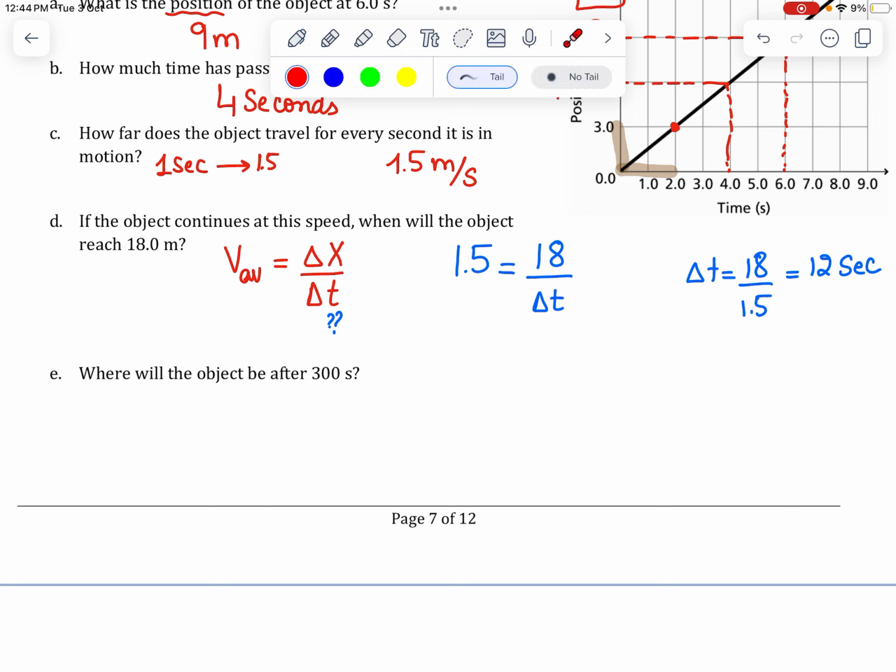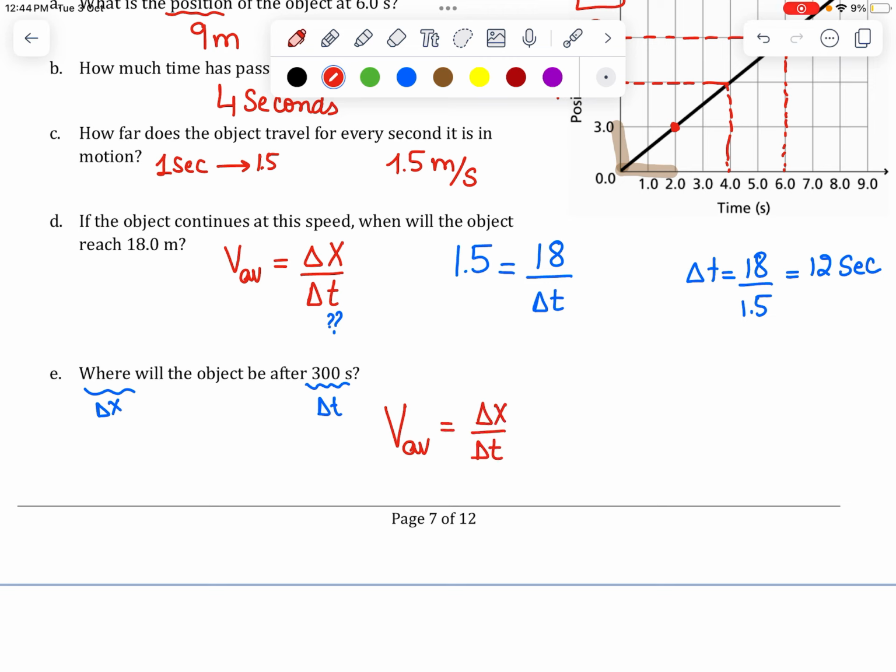Part E, where will the object be after 3 seconds? Given the time, where means delta x, also applying the same equation, V average equals the displacement over time.